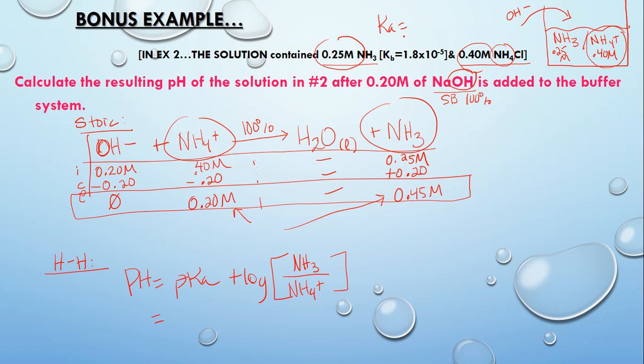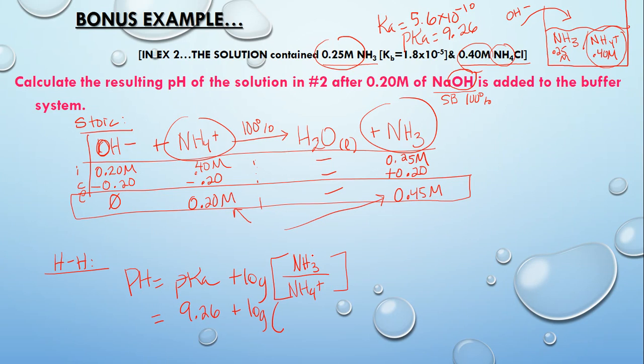We found the Ka was 5.6 times 10 to the negative 10. So we're going to take the negative log of that, and that gives me the pKa, and the pKa of that is 9.26. So I'm going to go ahead and substitute that in here, 9.26 plus the log.